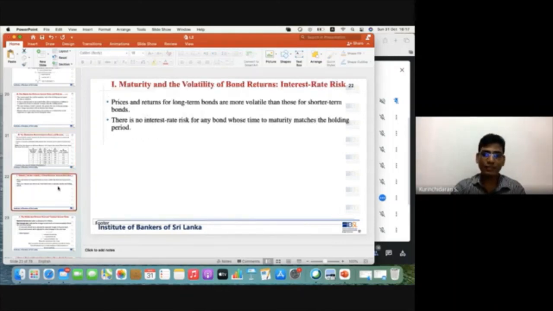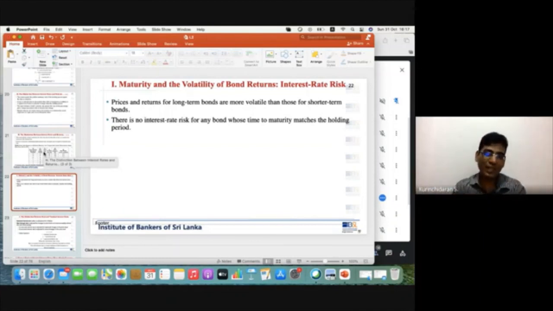And there's no interest rate risk for any bond whose time to maturity matches the holding period, right? That's what I said. If you are going to keep it until maturity, that's the meaning here: the time to maturity matches the holding period. So let's say time to maturity is 5 years, and you are going to hold until maturity, that means 5 years, no risk.